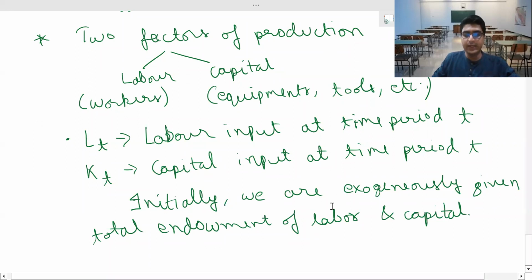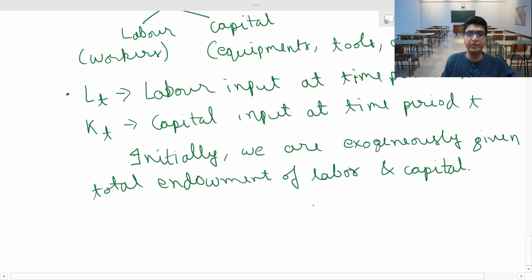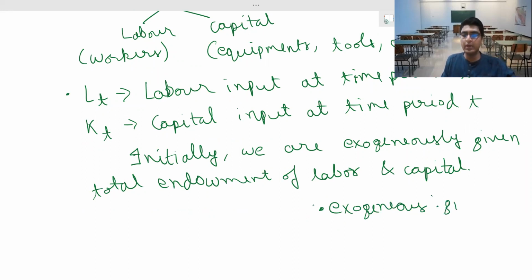So let's first understand the word exogenous. In economics, exogenous basically means that it is given from outside the model. We have not derived it.